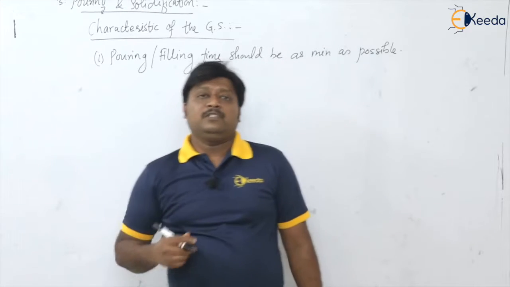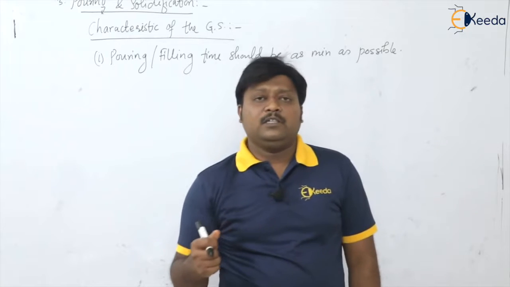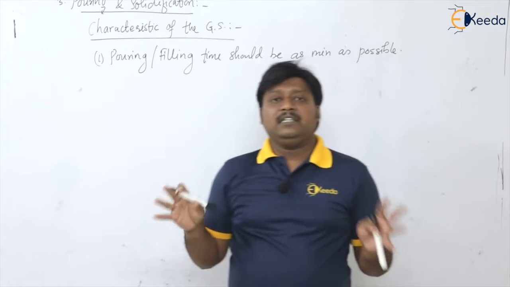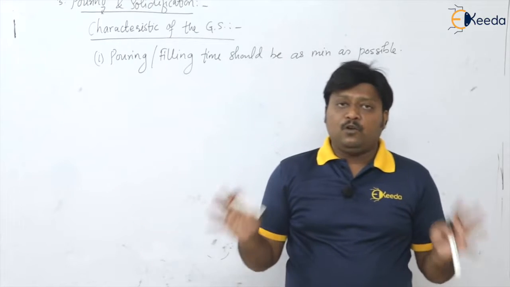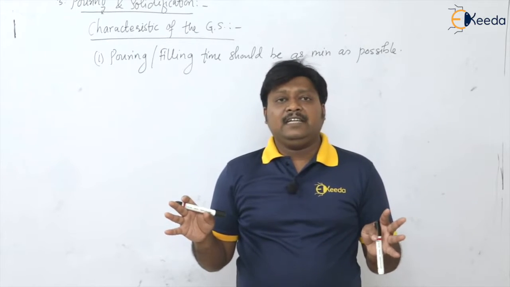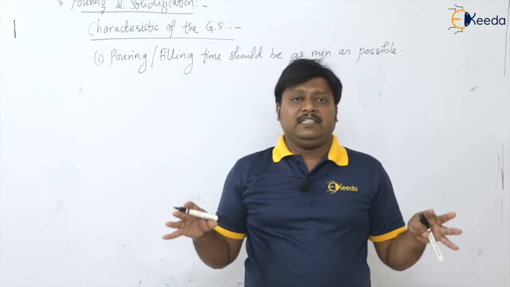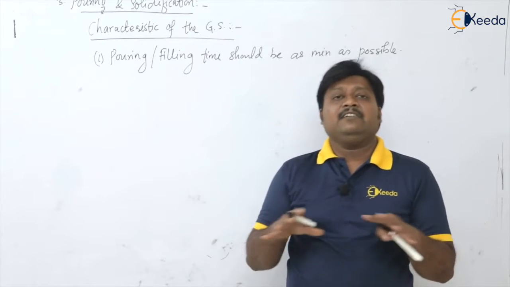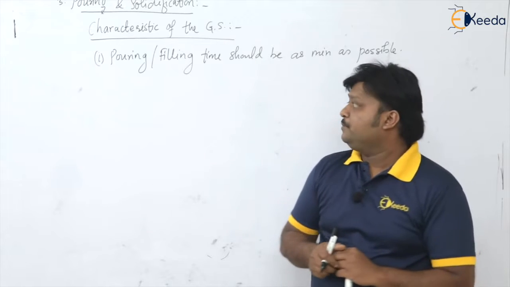Within a short time we have to fill the mold cavity so that the molten metal can reach each and every corner of the mold cavity, and equally the solidification will start from the various regions in the mold.